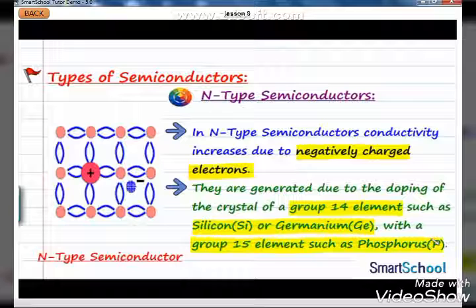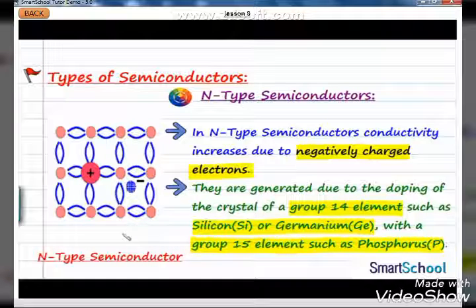So an important point is that N-type semiconductors are produced when crystals of a group 14 element such as silicon or germanium are doped with an impurity from the group 15 element such as phosphorus. In simple words, when silicon or germanium is doped with phosphorus, we have N-type semiconductors.